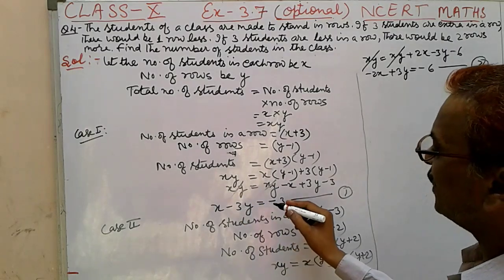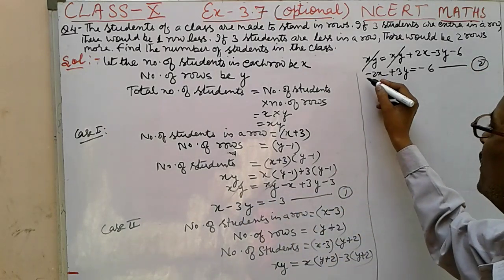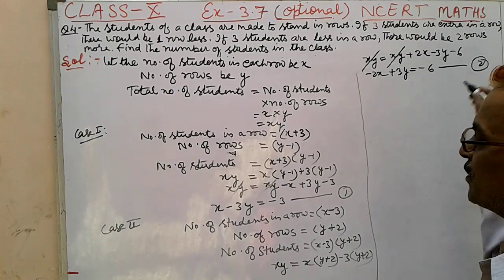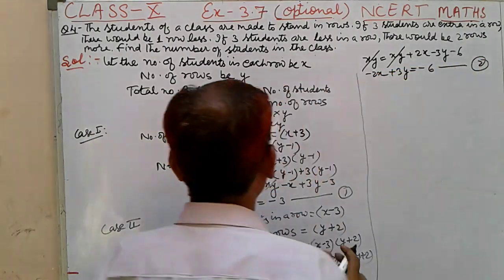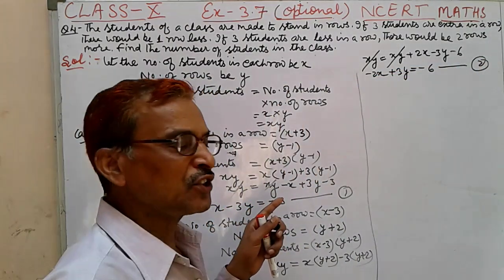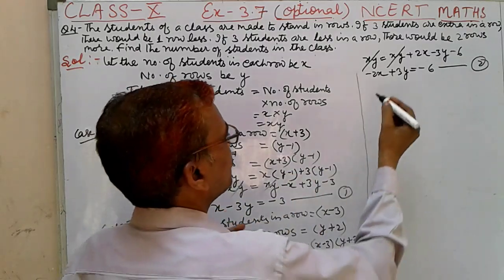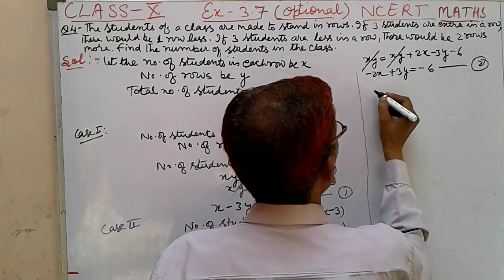One, x minus 3y is equal to minus 3, and second one, minus 2x plus 3y is equal to minus 6. You have to solve these 2 equations by the elimination method. It is very easy.